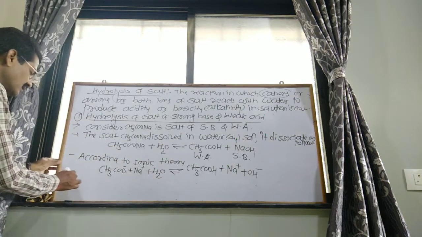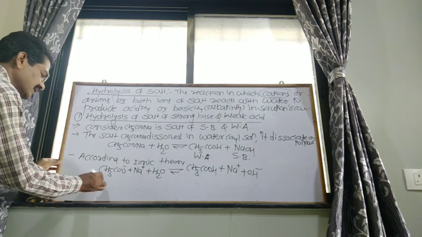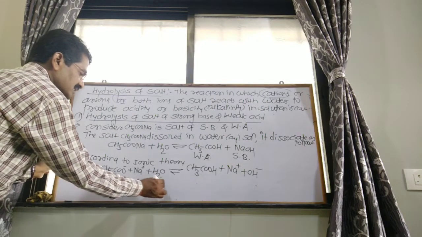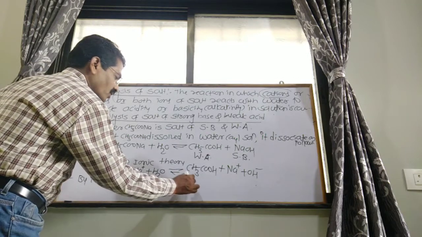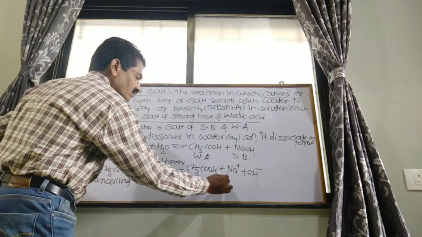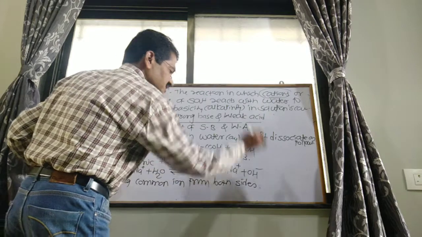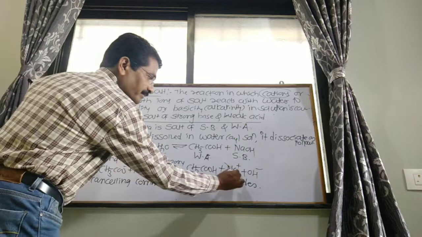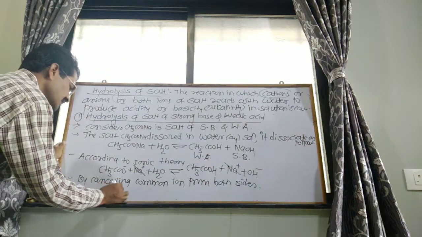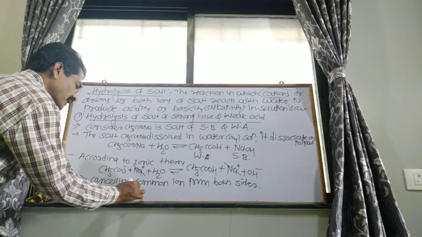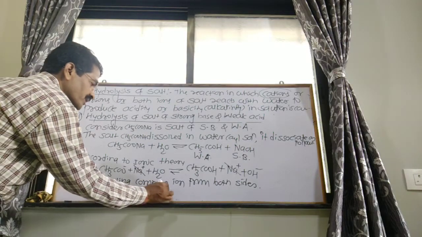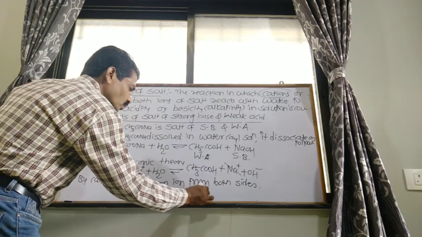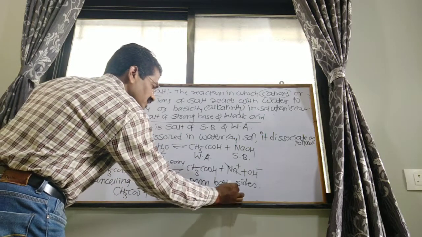By cancelling the common ion from both sides, Na plus is cancelled, and we get CH3COO minus plus H2O, then CH3COOH, acetic acid, plus OH minus.